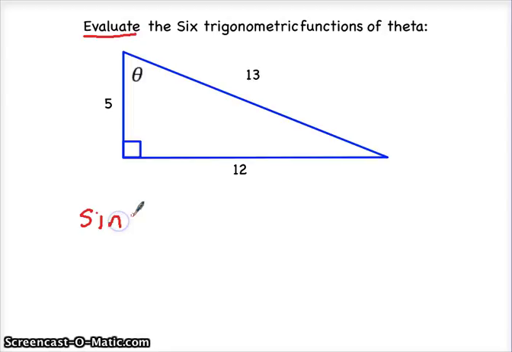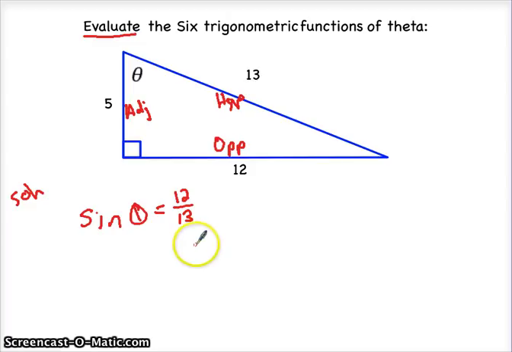But in that case, we can start off saying sine of theta, and don't forget your theta there, will be equal to, well, so in SOHCAHTOA, where theta is right now, 12 will be our opposite, 5 is our adjacent, and 13 is our hypotenuse. Therefore, sine being opposite over hypotenuse is going to be 12/13.